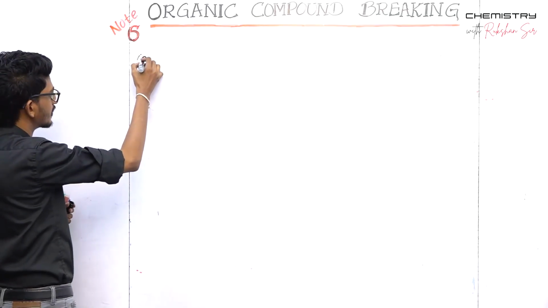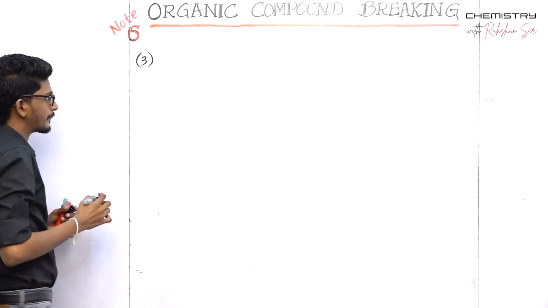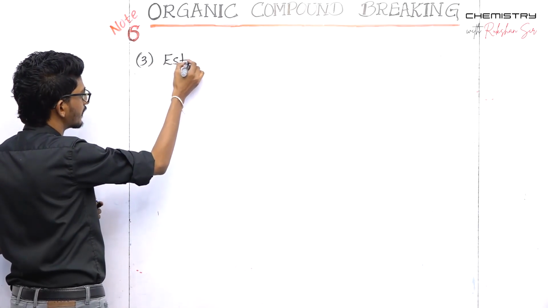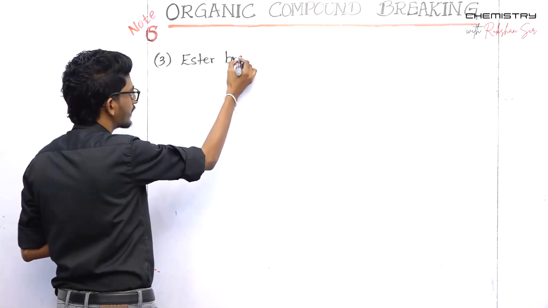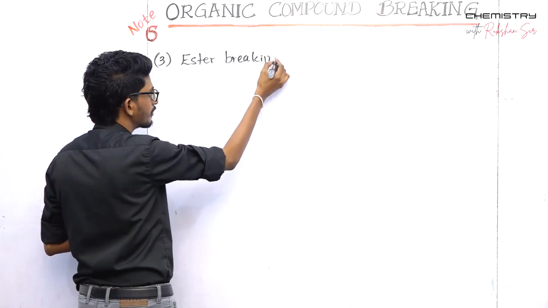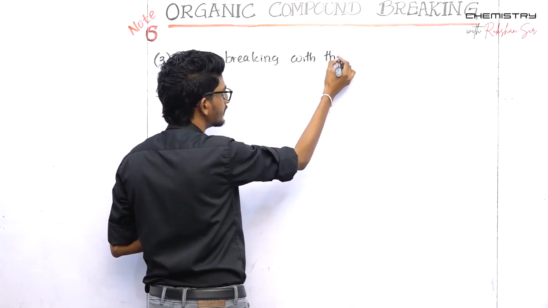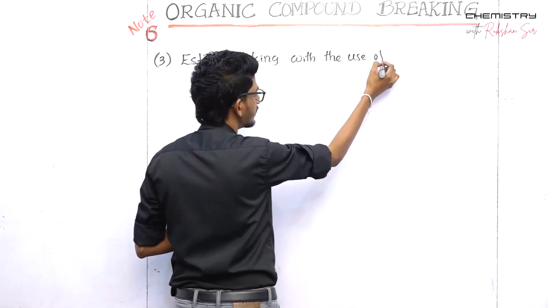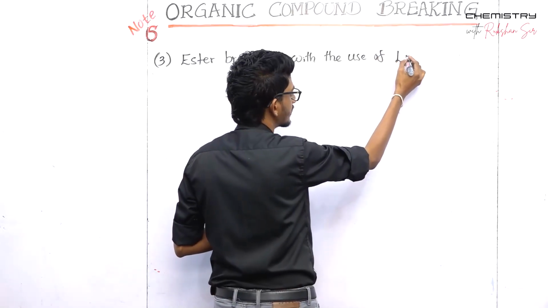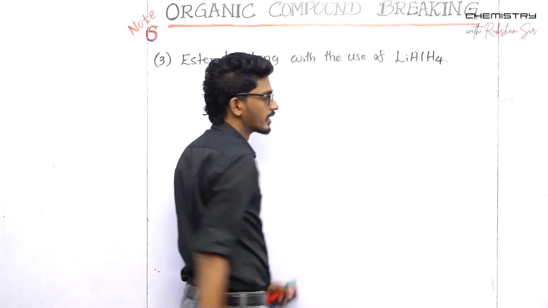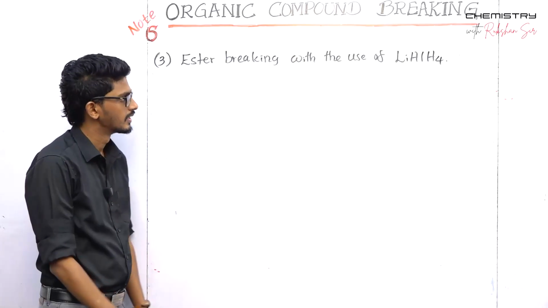So we are moving to the third kind of bond breaking, that is the ester breaking with the use of lithium aluminum hydride. Let's discuss that thing.